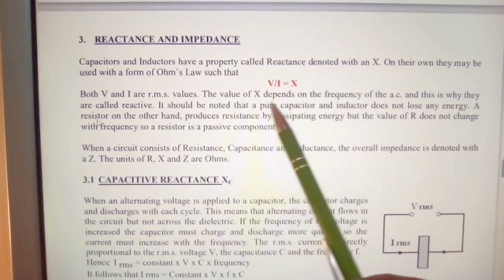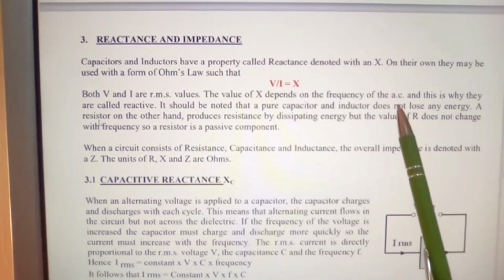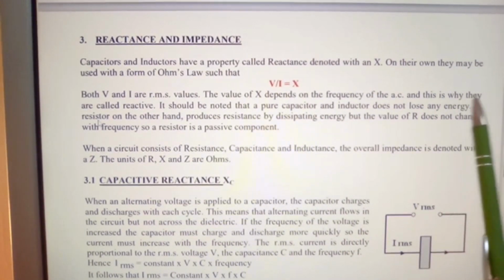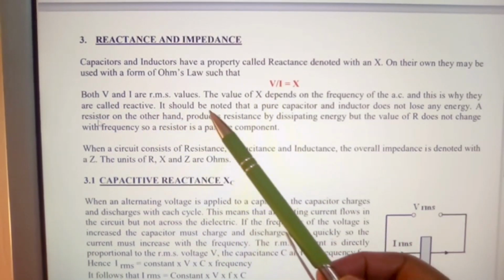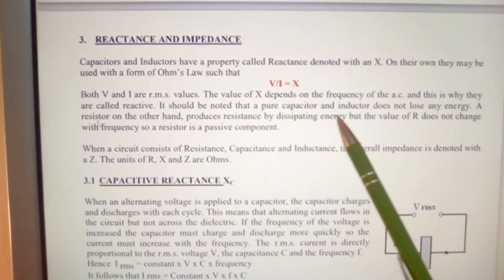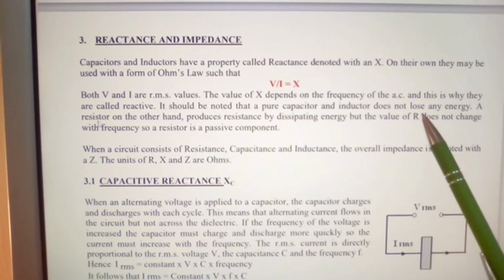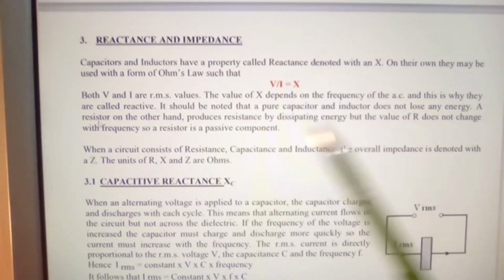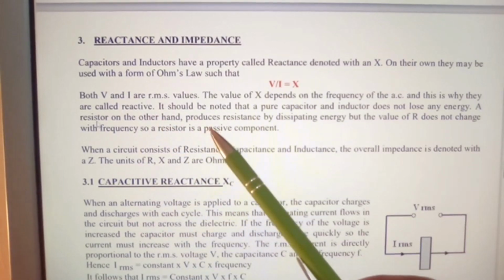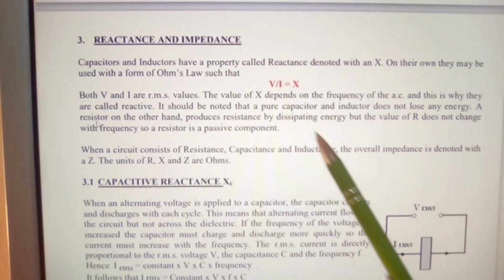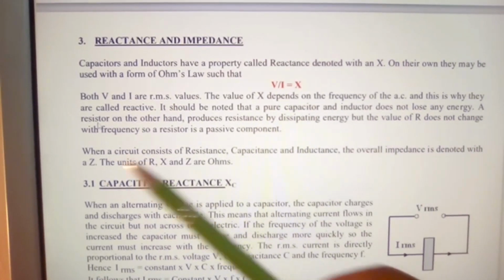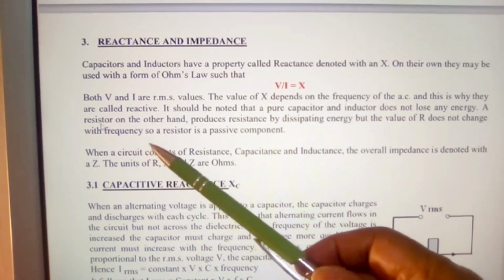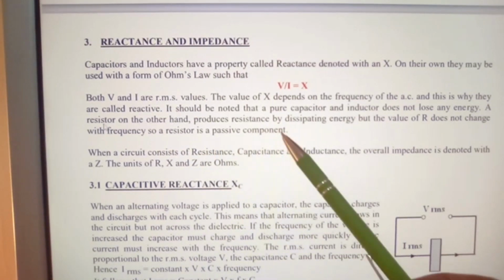The value of X depends on the frequency of the AC, and this is why they are called reactive. It should be noted that a pure capacitor and inductor does not lose any energy. A resistor, on the other hand, produces resistance by dissipating energy, but the value of R does not change with frequency, so a resistor is a passive component.